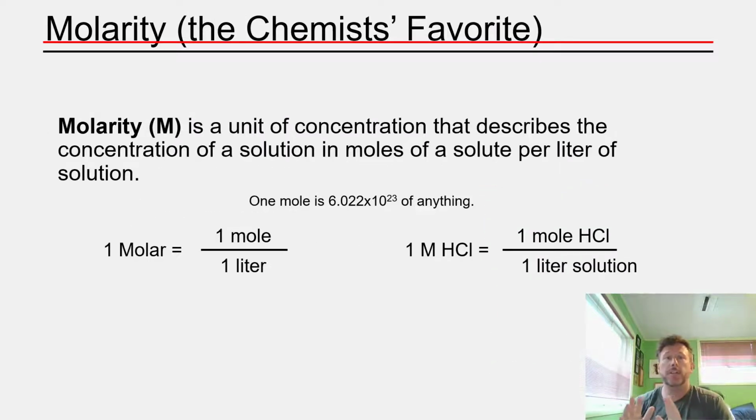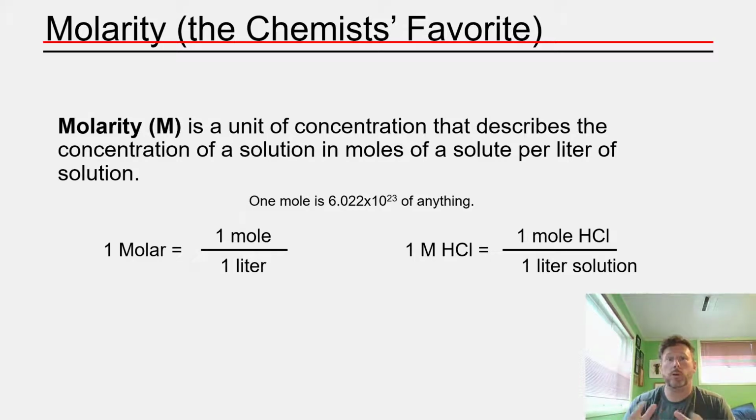And so we're going to start in a familiar place. We're going to start with molarity, which is the chemist's favorite unit, for reasons that we'll elaborate on in a second. So molarity, a concentration unit abbreviated capital M, describes the concentration of a solution as moles of solute per liter of solution.